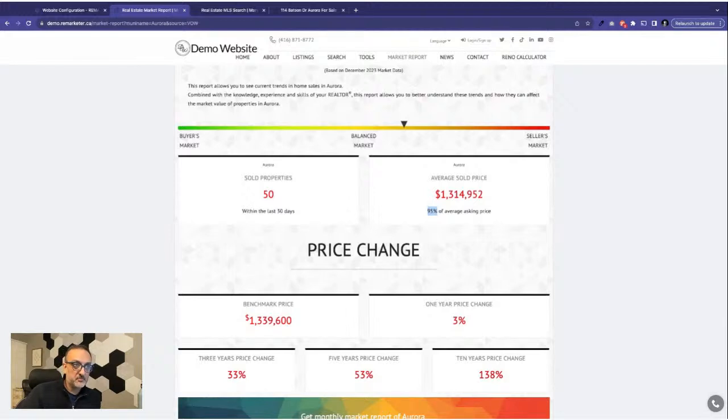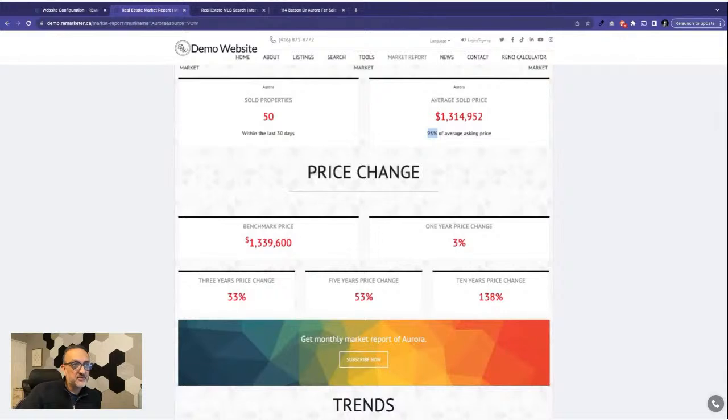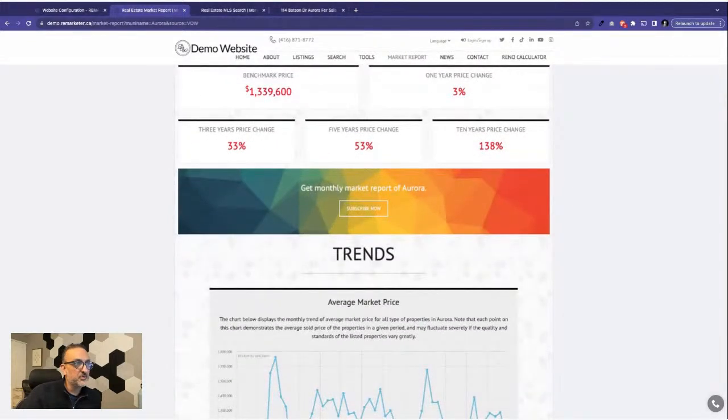And this is the general dynamic of this market. We've got the benchmark price and then the 1-year price appreciation, which is just 3% compared to last year. I will get into these numbers when we get into the back-end market statistics, where we can explain each individual number in more detail.